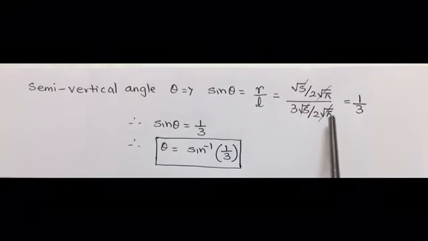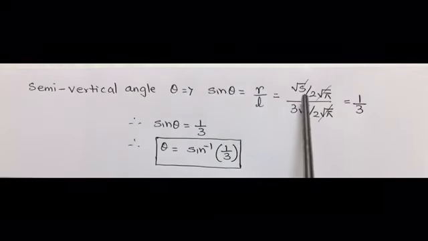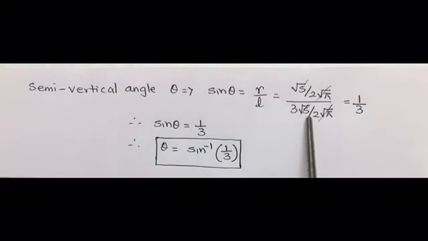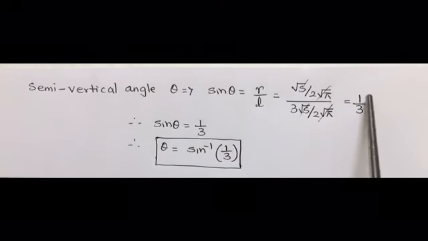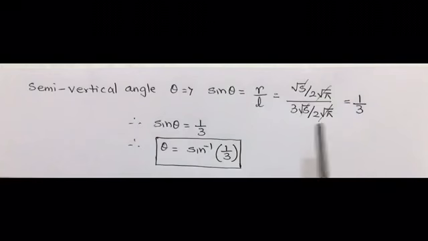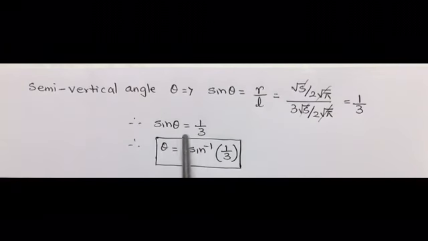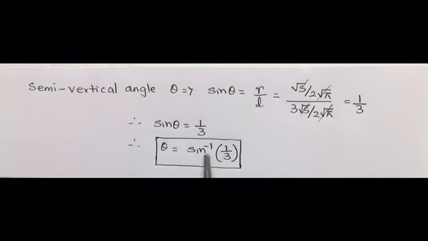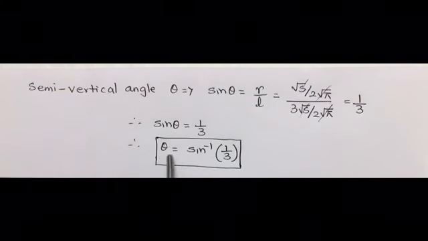So 2 root pi and 2 root pi get cancelled. Root S and root S also get cancelled, and 1 by 3 remains. So we got here sine theta is equal to 1 by 3. Shifting sine to the other side, the semi-vertical angle becomes sine inverse 1 by 3.